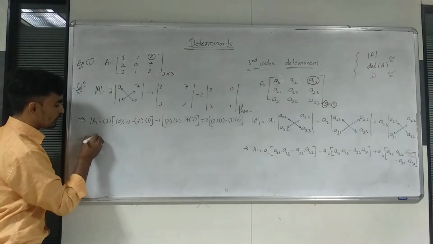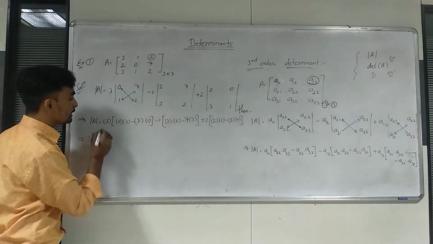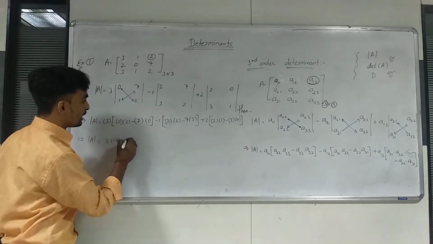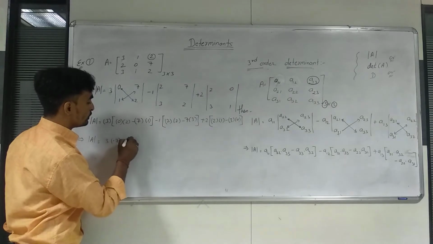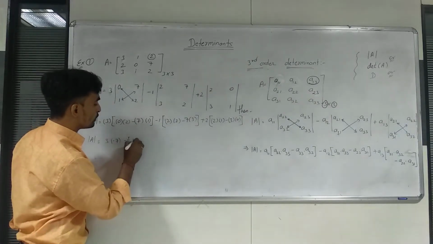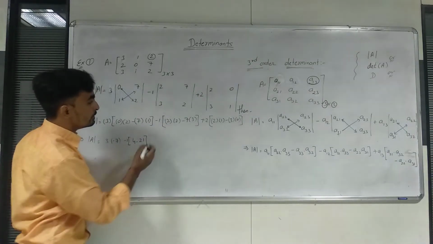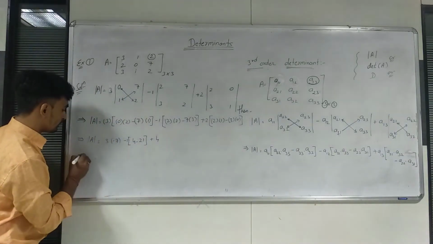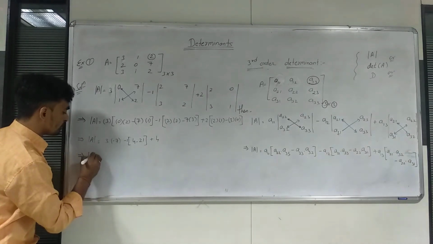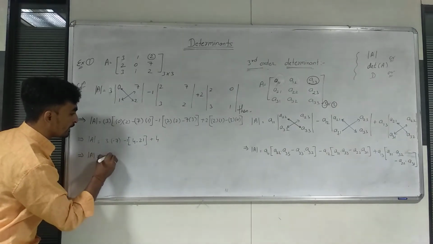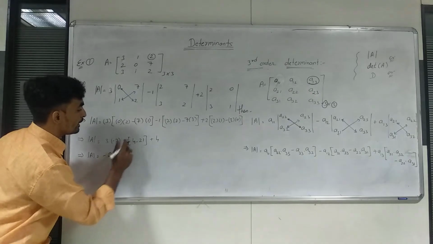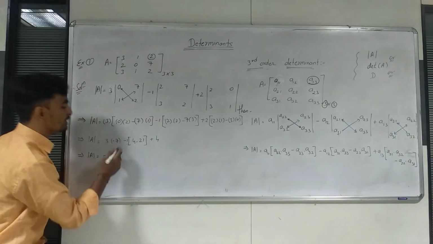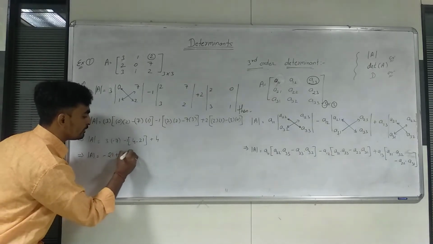So determinant of A equals 3 into minus 7, minus 1 into 4 minus 21, plus 2 into 2. So determinant of A equals minus 21, minus of minus 17, plus 4, which is minus 21 plus 17 plus 4.